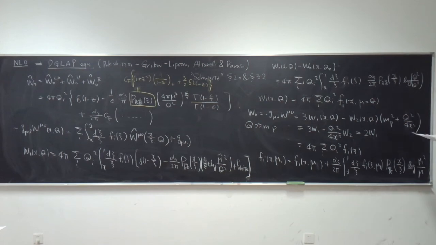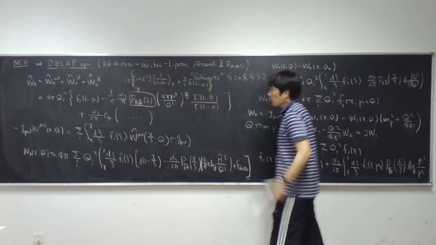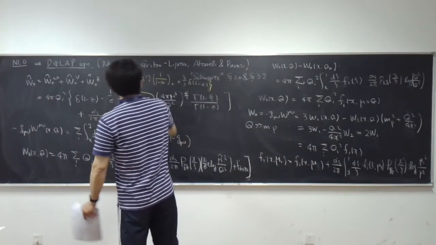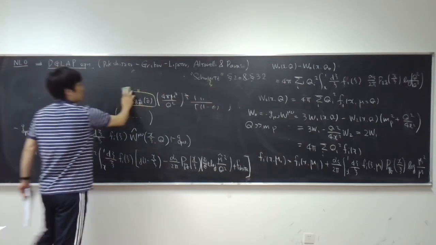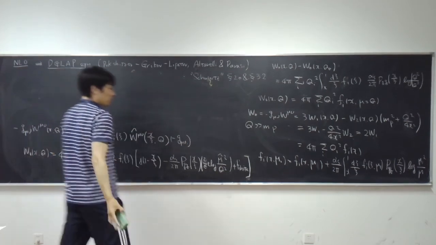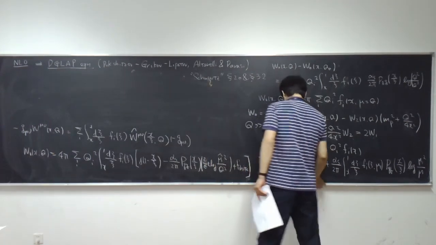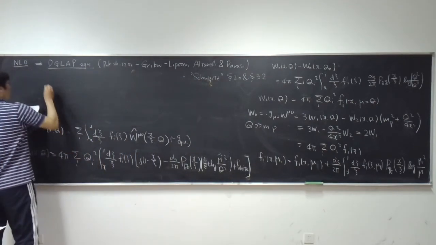Now, taking the derivative with this scheme, you finally obtain what is called the DGLAP equation. This is the final step.